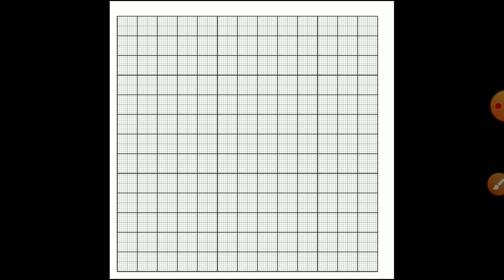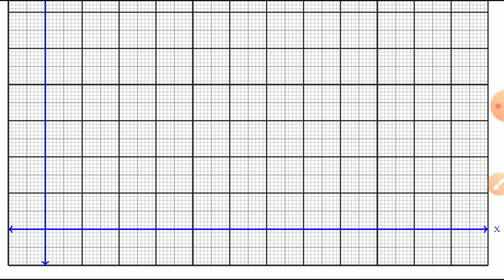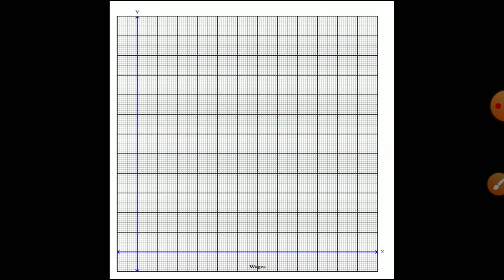Okay, so this is our graph paper, and on that graph paper we draw x-axis, y-axis. So see here, this blue color line is x-axis, vertical blue color line is y-axis, and on this x-axis we will put wages.